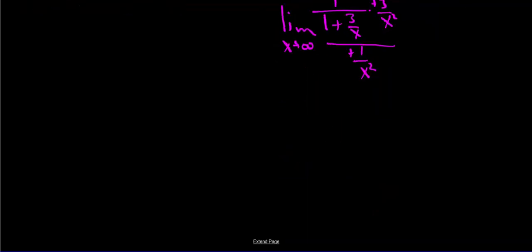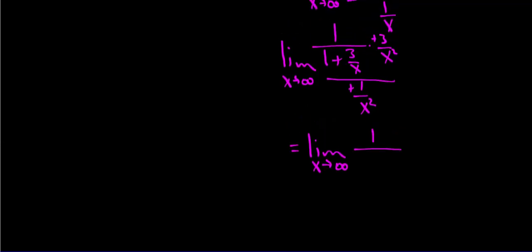So now dig what we have. We have the limit as x goes to infinity of this 1 over, that 1 over, well, it's 3. Notice we've got the 3 up there. 3 over 1 plus 3 over x over 1. See? Because this right here and this right here cancel.